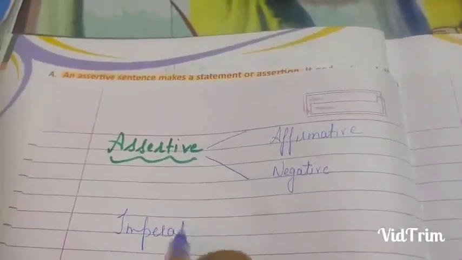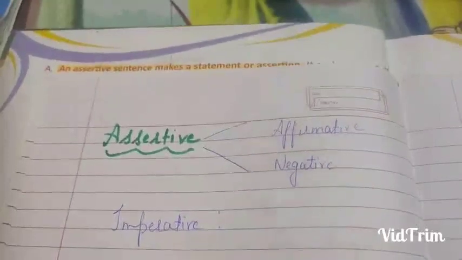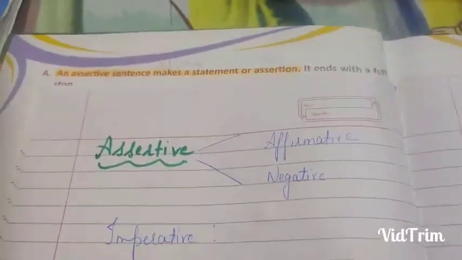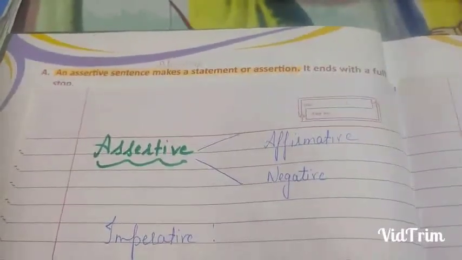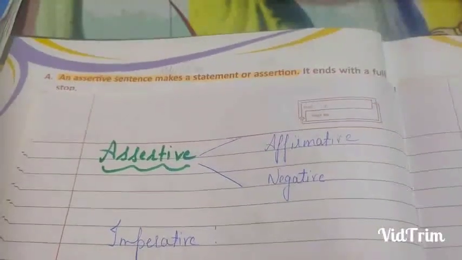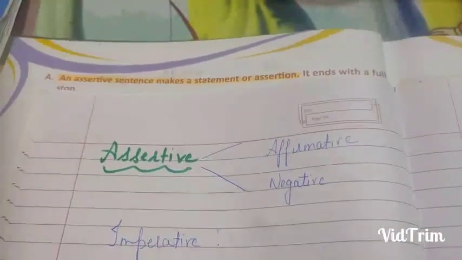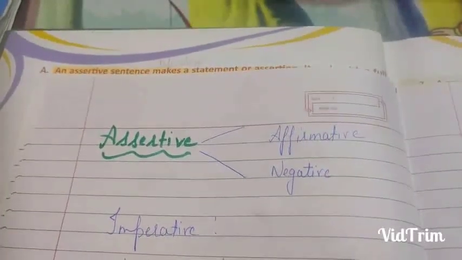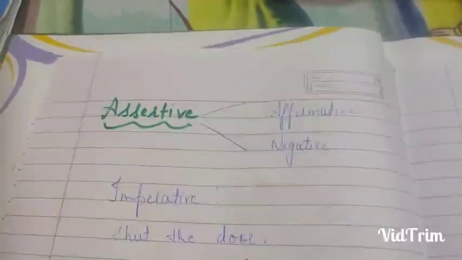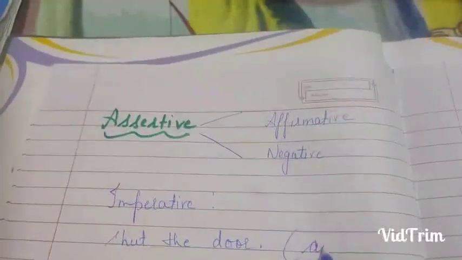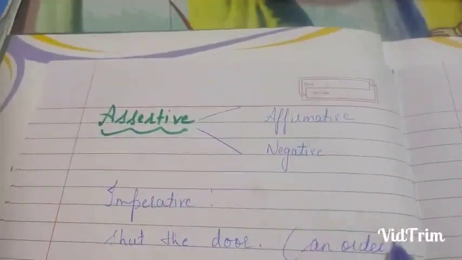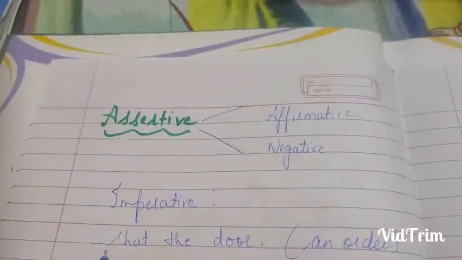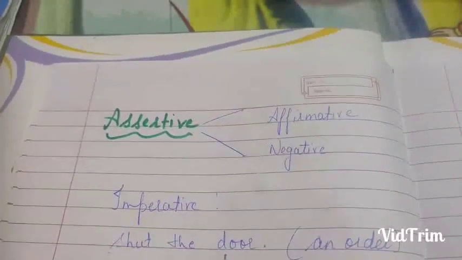I'll give you one more example of an imperative sentence. Shut the door. Now this is an imperative sentence, shut the door, because this is an order. But here the whole part is predicate.